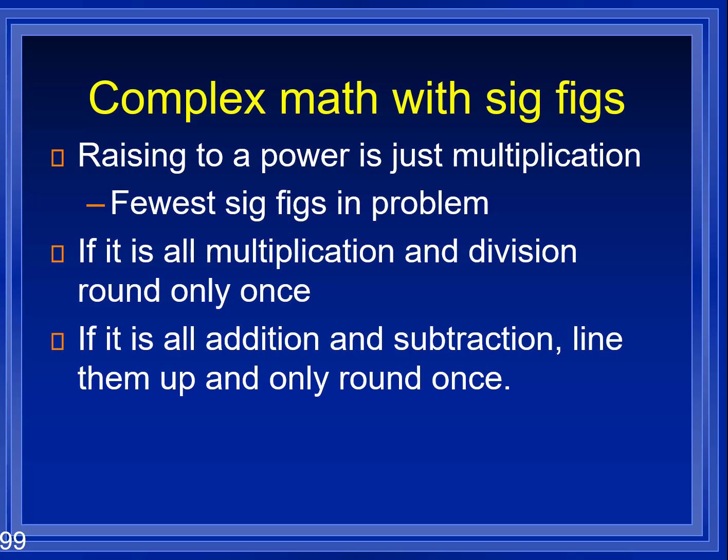The problem comes when you have both addition, subtraction, and multiplication and division in the same problem. Addition and subtraction means I line up decimal places. Multiplication and division says I count sig figs. Which do I do? Line them up or count them?